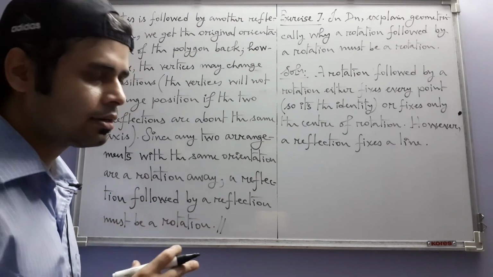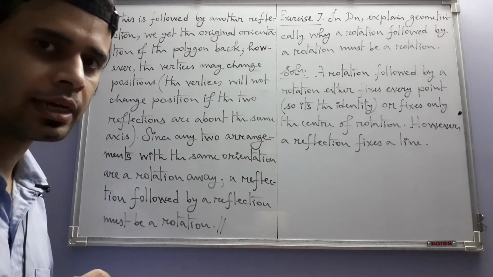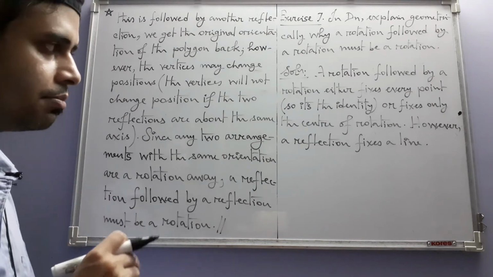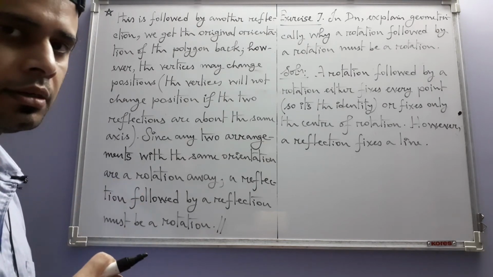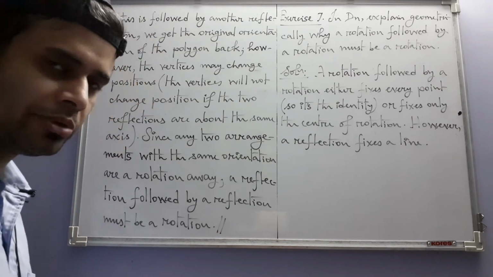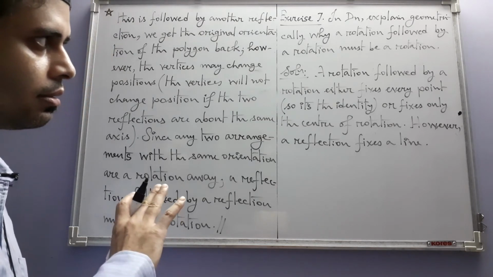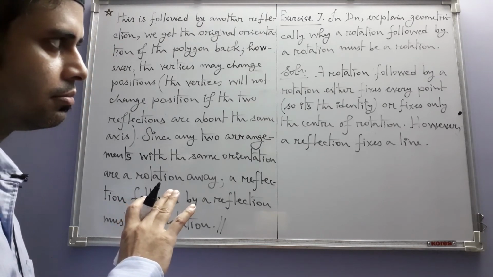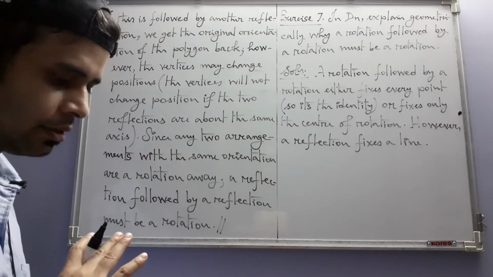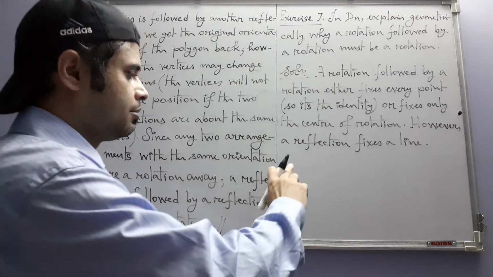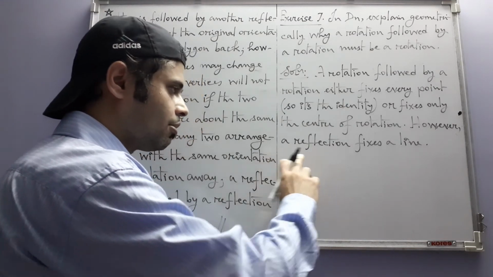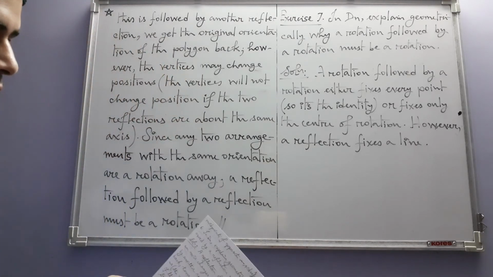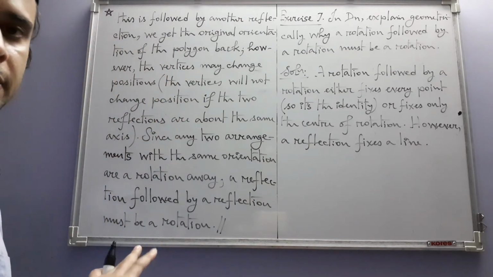And if neither of them fixes all the points, that means each one of them fixes only the center, then what can you say? Yeah, their combination either fixes all the points, in which case actually they are inverses of each other.